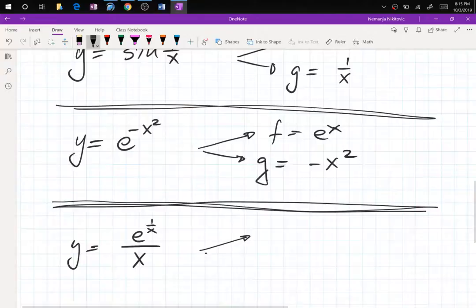That's a spicy one. 1 over x. Oh, e over x, and g will be 1 over x. To the x over x. E to the x over x.